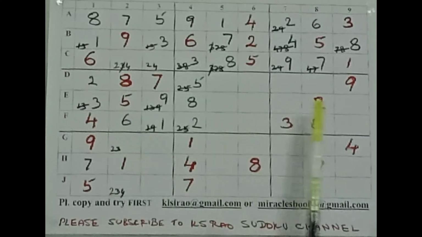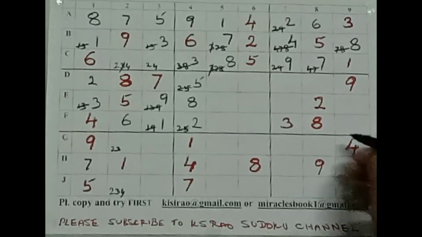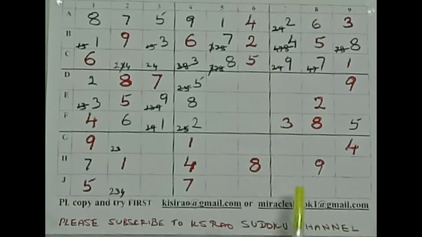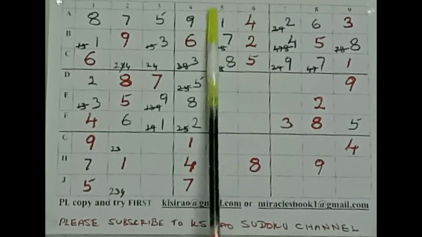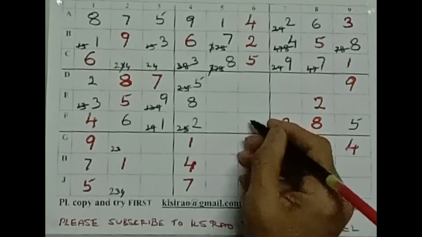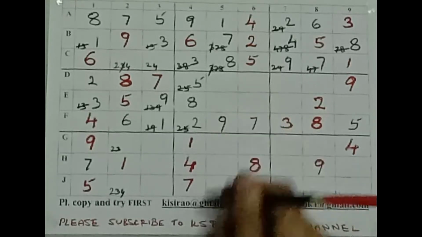So in this row the only place for number 5 is here. Let us write that. That's the place for 5. And then for 7 and 9, we have our 7 above. So we can write our 7 here and 9 here.